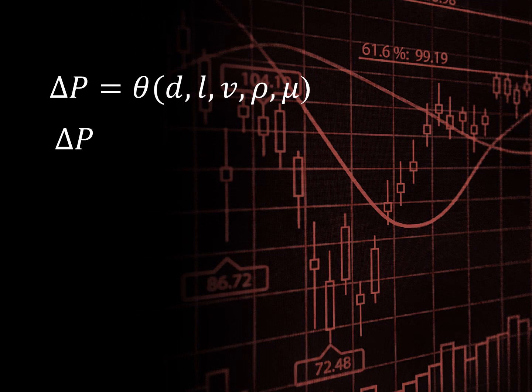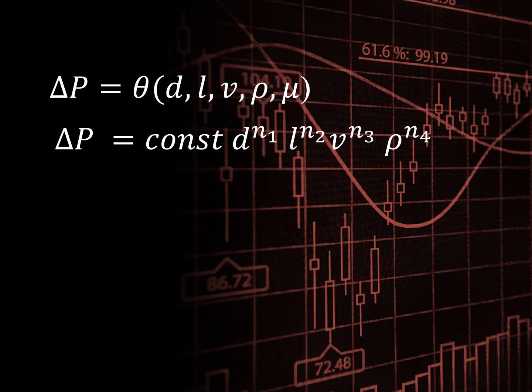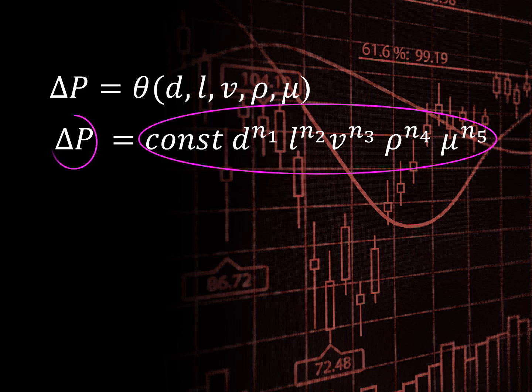The form of the function is unknown, but we can expand it as a power series. Thus, change of P is equal to a constant times D raised to n1, L raised to n2, V raised to n3, rho raised to n4, and mu raised to n5. The requirement of dimensional consistency is that the combined term on the right-hand side will have the same dimension as that on the left.